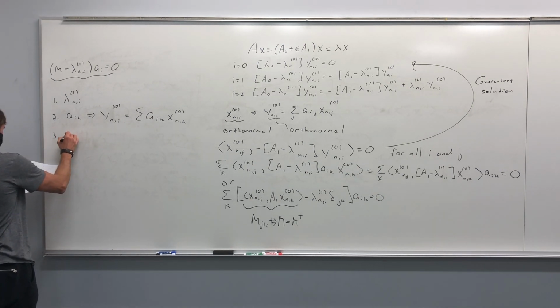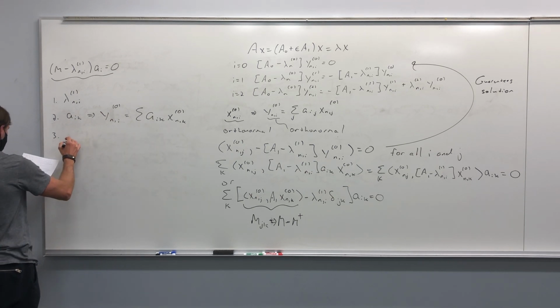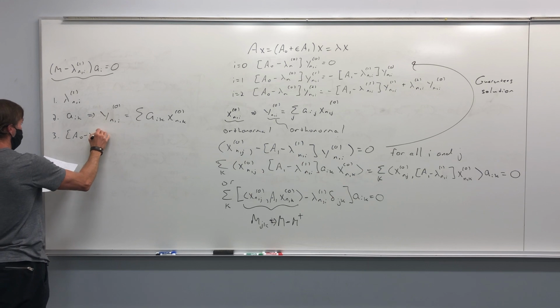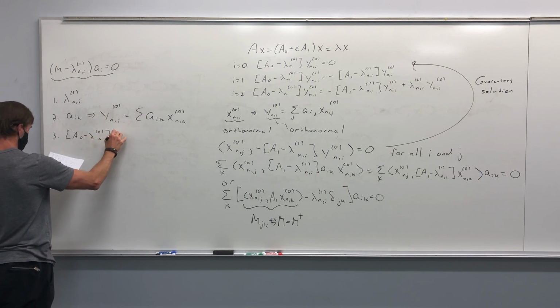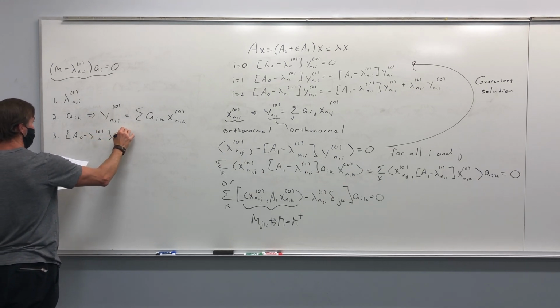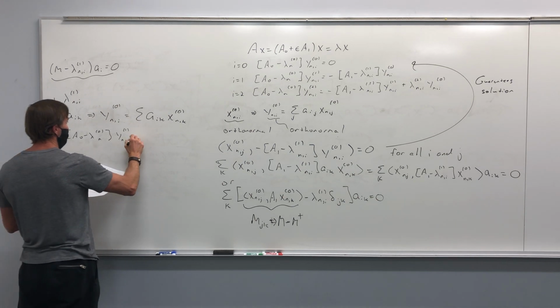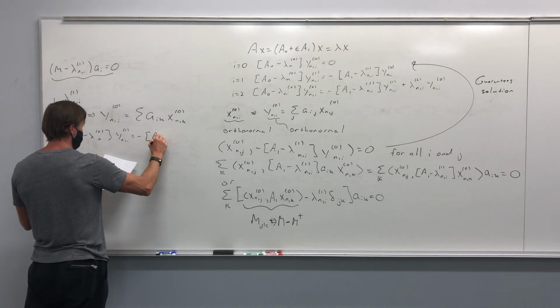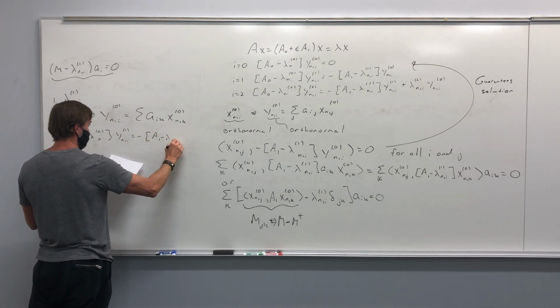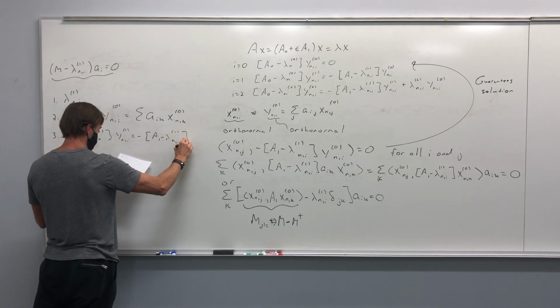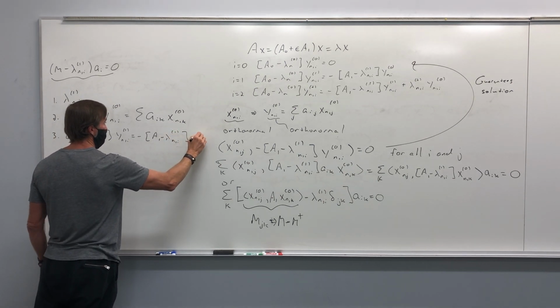Furthermore, what we've done guarantees a solution: a naught minus lambda 0 n, y n i 1, equals minus a1 minus lambda n i 1, y n i 0.